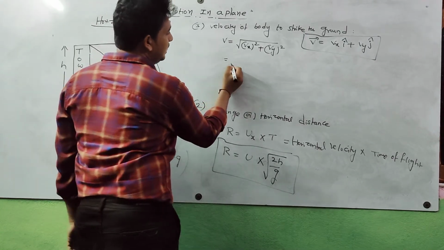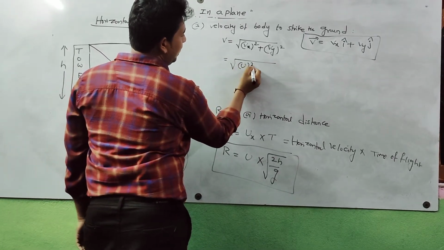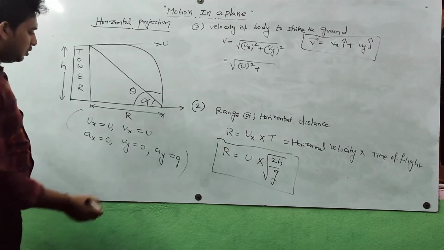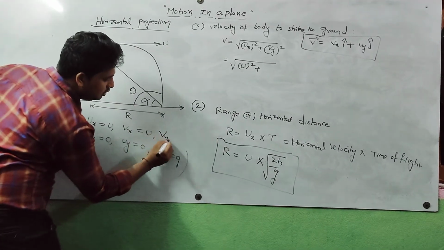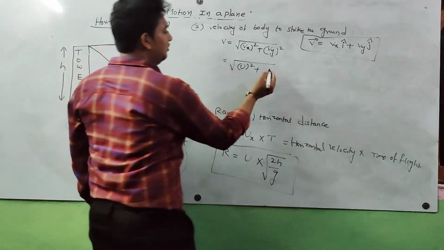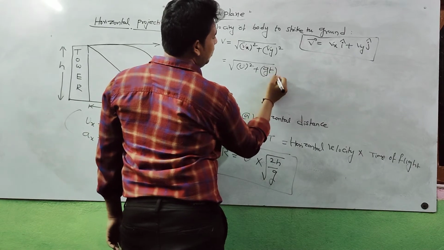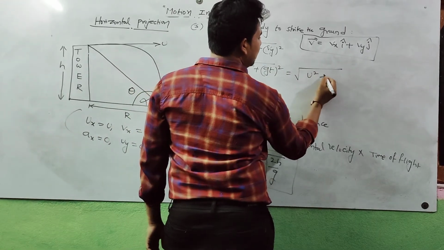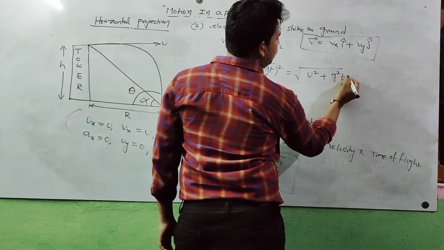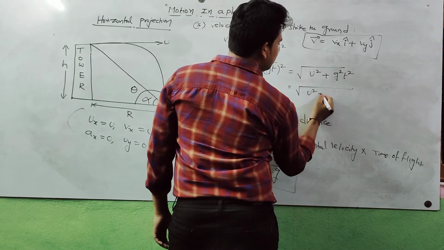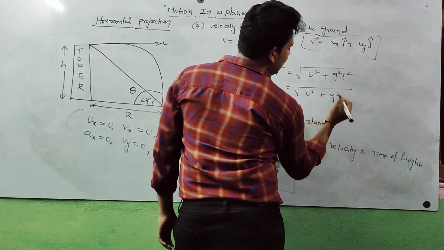Vx means u square. Vy you already know. Vy means what? We already got Vy is equal to gt. Substitute the Vy value, gt whole square. From this, u square plus g square into t square, so root of u square plus g square t square.